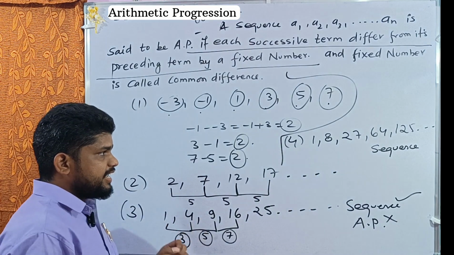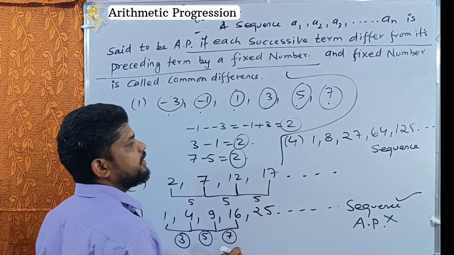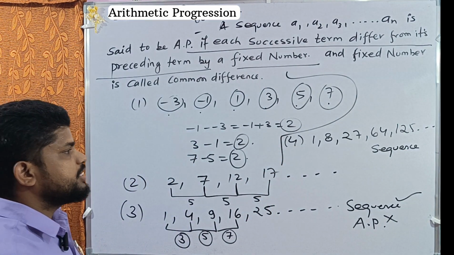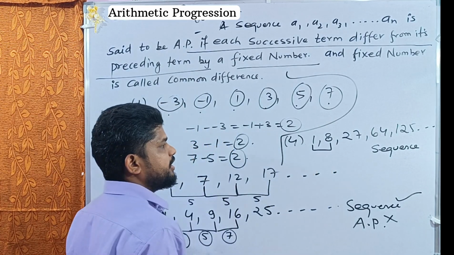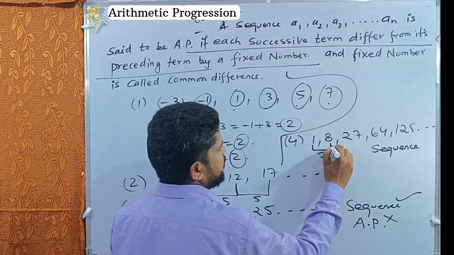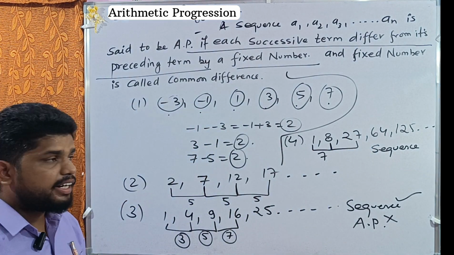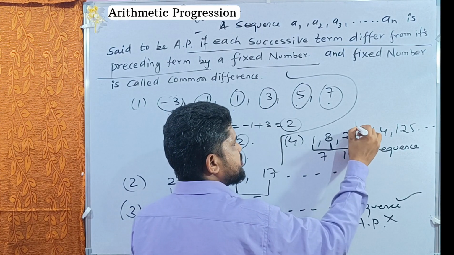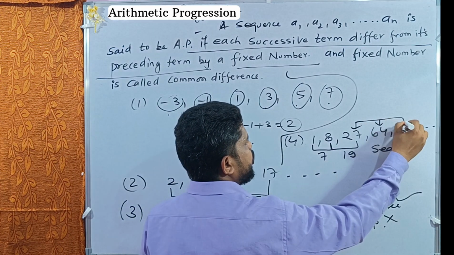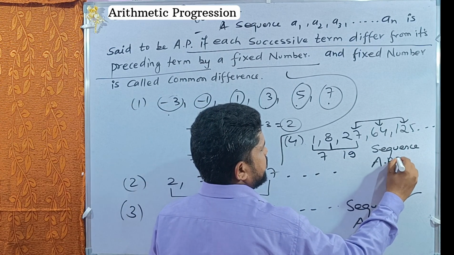But is it possible that this example 4 is an arithmetic progression? No, because the difference between 8 and 1 is 7, but the difference between 27 and 8 is 19. They do not have a regular common difference, so they are not an arithmetic progression.